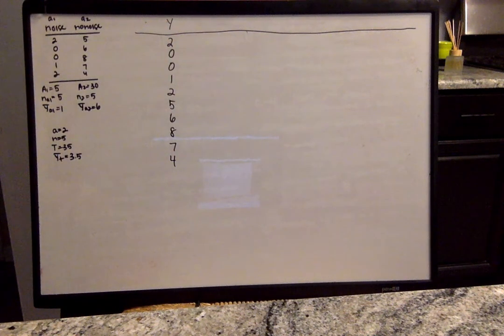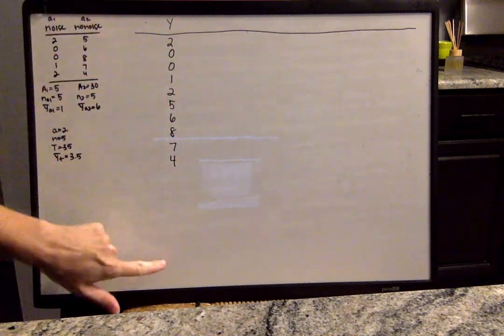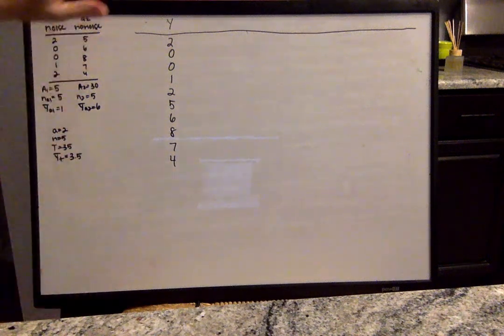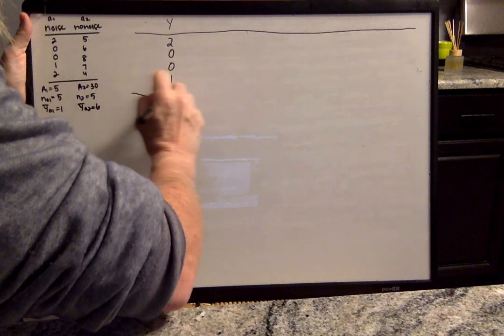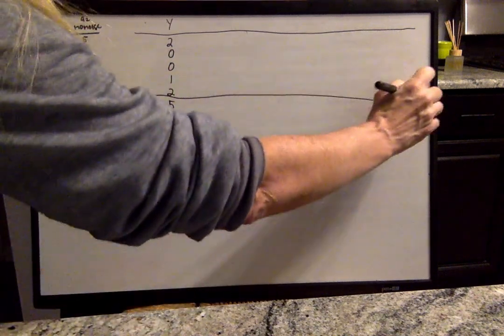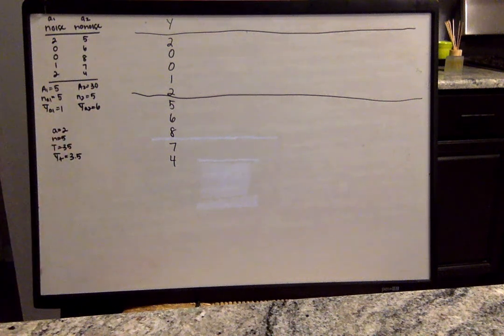Now, as we move through this problem, even though we have all of our scores in this column, and if we had a 3rd group, we would put them below that, we want to really make sure that we're keeping track of one group versus another. So I'm going to go ahead and take a pen and draw a line to divide the 1st group from the 2nd group for the entirety of the problem.